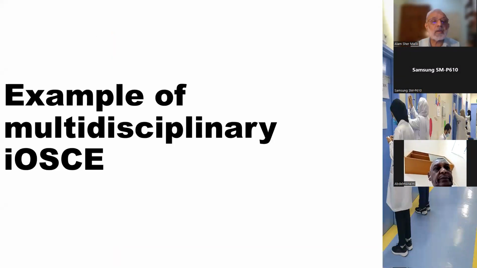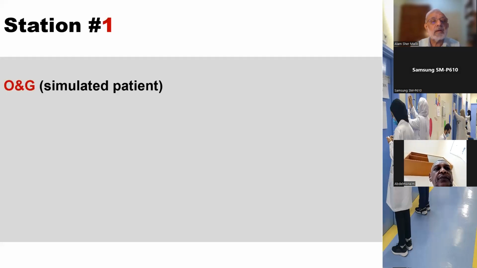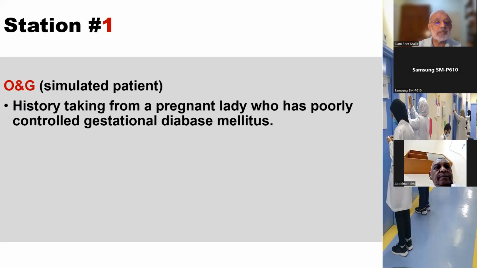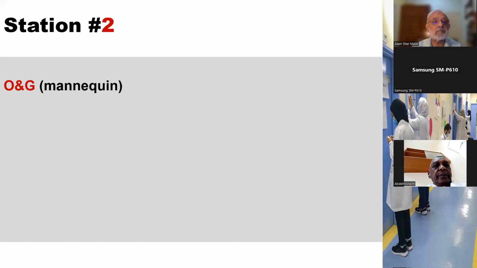Now, going to the multidisciplinary OSCE, I'll give a few examples here. For example, the first station is obstetrics and gynecology with a simulated patient, history taking from a pregnant lady who has poorly controlled gestational diabetes mellitus.